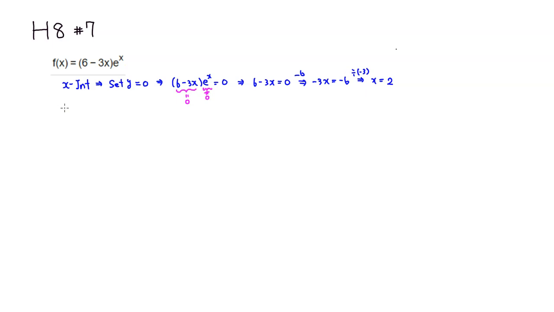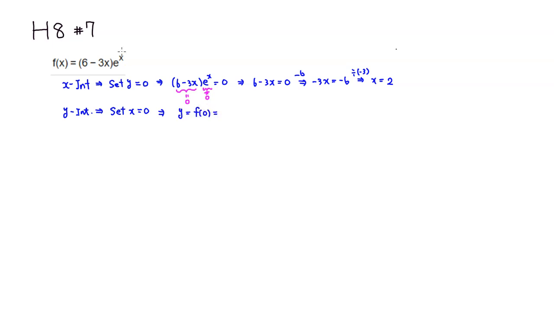And if you want to find the y-intercept, then you set x equal to 0. So you basically plug in x equals 0 and compute f of 0.